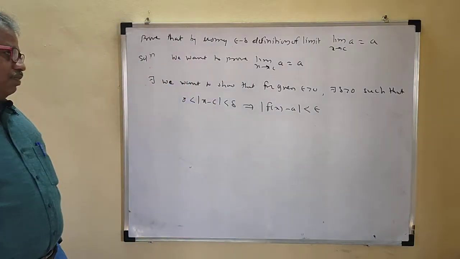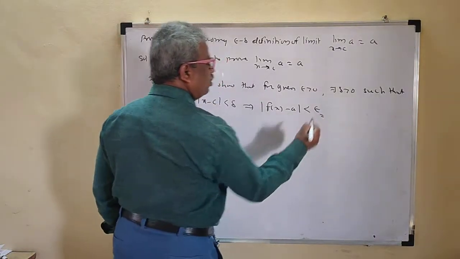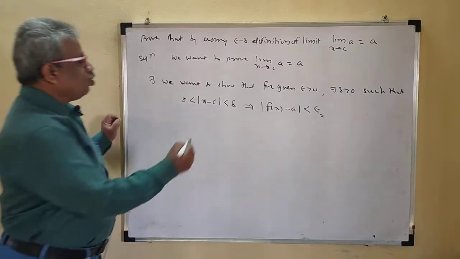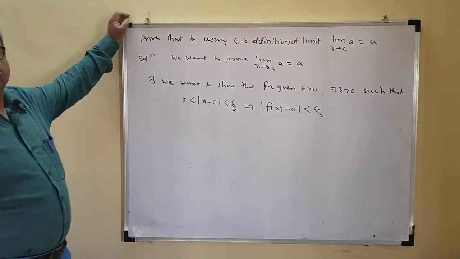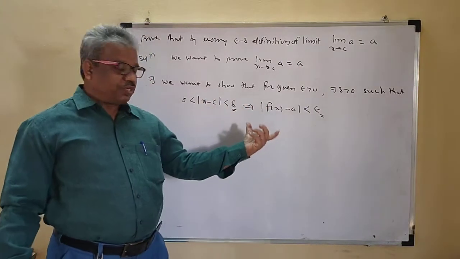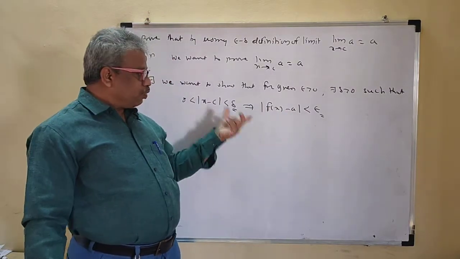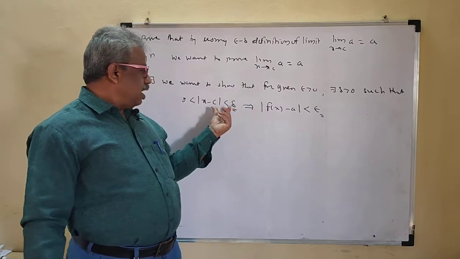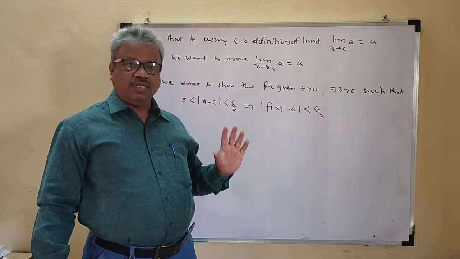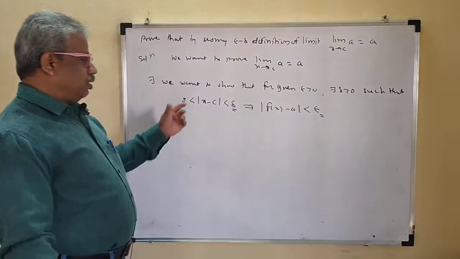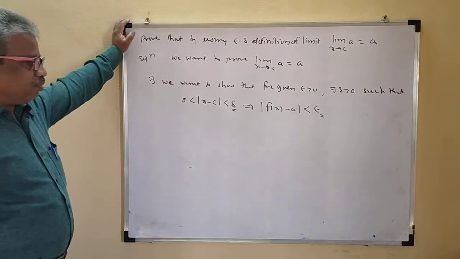This you have to prove. Epsilon is given to you. You want to prove that this delta exists. That means we have to take this f(x) minus a less than epsilon, and with the help of this, prove that x minus c is less than some number.